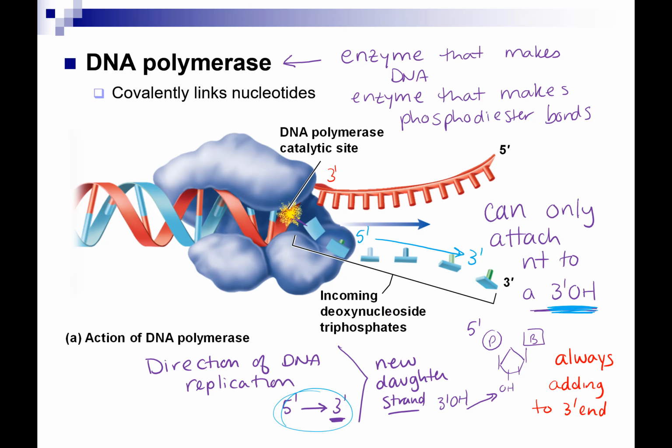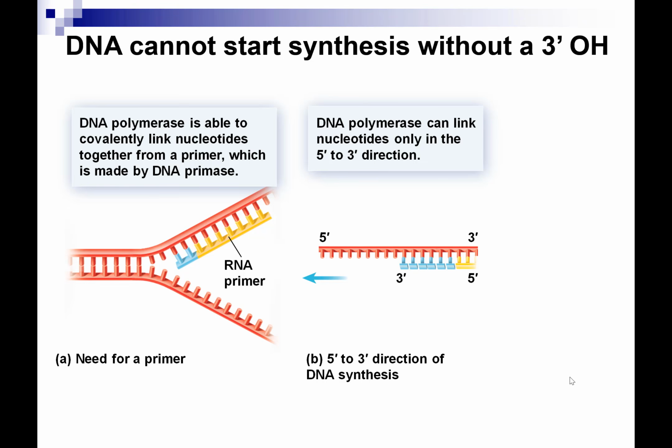DNA polymerase cannot actually start by itself. It has to have what we call a primer. Okay? So DNA polymerase cannot start synthesis without a 3' OH. So we need something to help it. We need a primer.